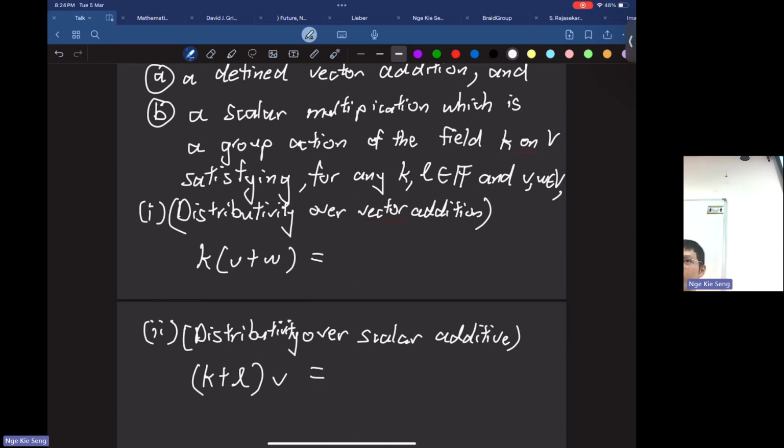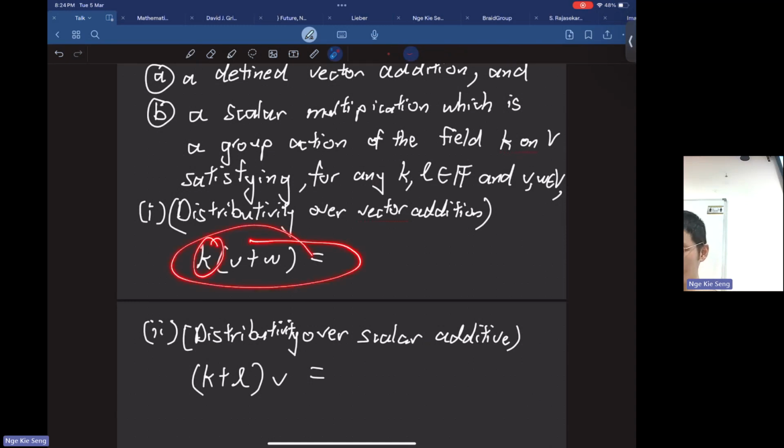Any guess what we have to get here? Let's talk about the first one first. If I take a scalar multiplied by the addition of two vectors, it has to equal what?